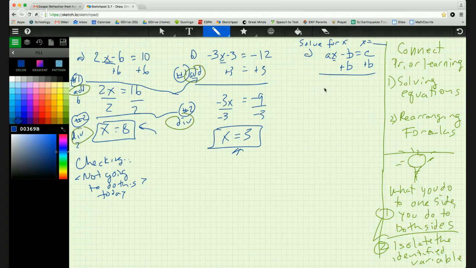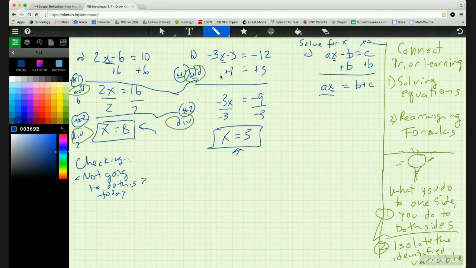And that gets us one step closer to having x by itself. Remember, over here, we're trying to get x by itself, because we want to know x equals 8. Get all these numbers over here to the right. Over here, we want all these letters, all these variables, unknown values.